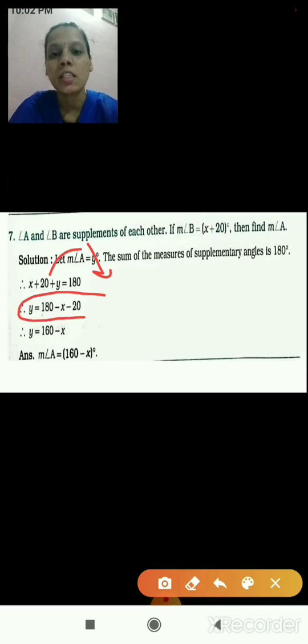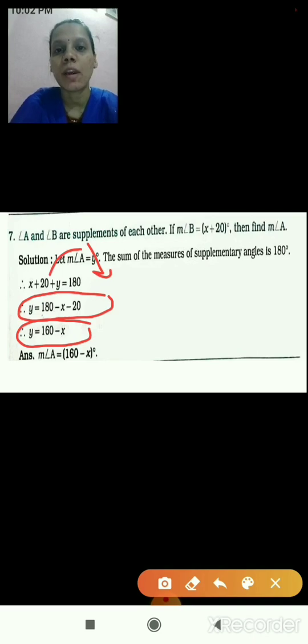Then y we will write down on the left hand side as it is, and plus x and plus 20 will be written on the RHS, that is the right hand side. So it becomes minus. So 180 minus x minus 20. 180 minus 20 is 160. So y is equal to 160 minus x. So this is the measure of angle A. So what is the measure of angle A? The measure of angle A is equal to 160 minus x degrees. Okay, I hope you are clear with this.